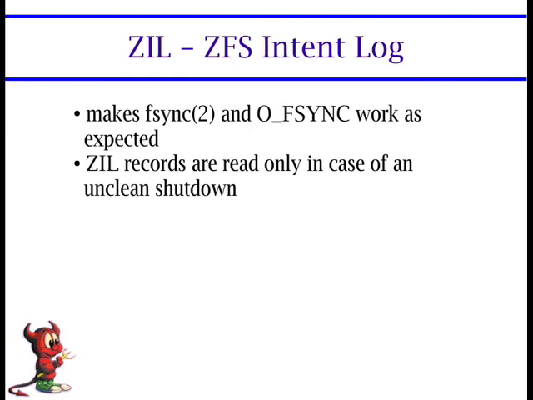That's why for all those operations that need synchronized semantics, ZIL will guarantee that those will reach the disk immediately. You can even use separate, faster disks to put your ZIL on. So if you have a large storage pool using SATA disks, you can use a solid-state disk for the intent log itself, which will speed up all the synchronous operations.